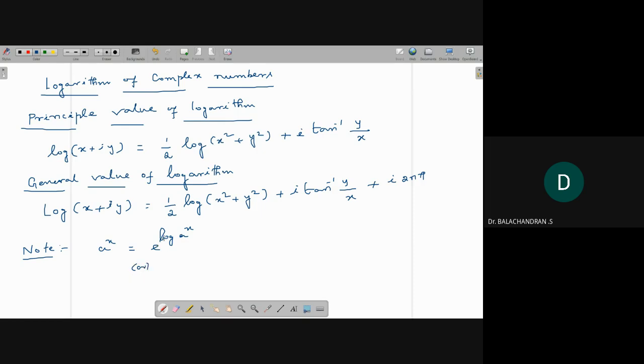This is small l, and even you can write it for capital also: a power x is equal to e power capital Log a power x, because exponential and logarithm are inverse of each other. So that's why you can write a power x equals e power log a power x. So now we will solve some simple problems.